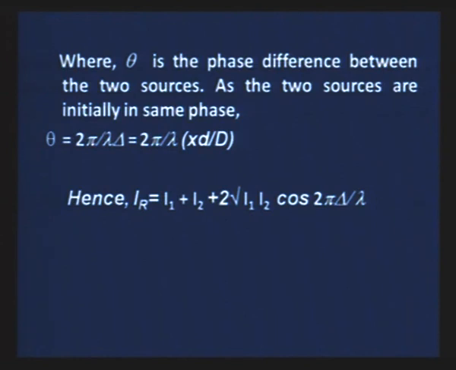So, this is 2 pi by lambda into path difference, and path difference we have already seen, x d upon D. So, the intensity can also be expressed in terms of this path difference, that is I1 plus I2 plus 2 under root I1 I2 cos, in place of theta we can write 2 pi by lambda into the path difference. Here this triangle indicates the path difference.